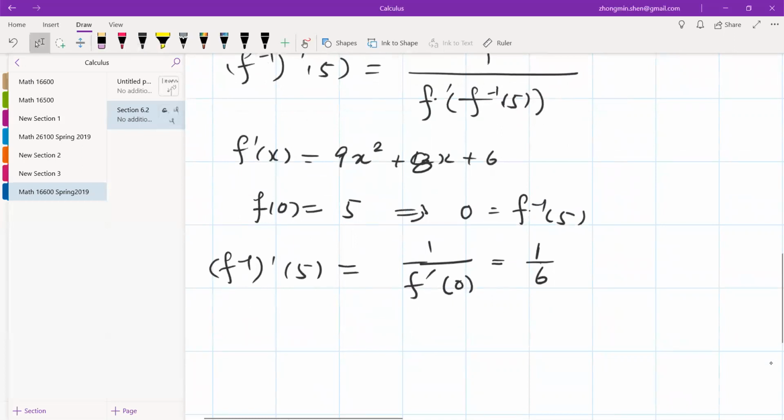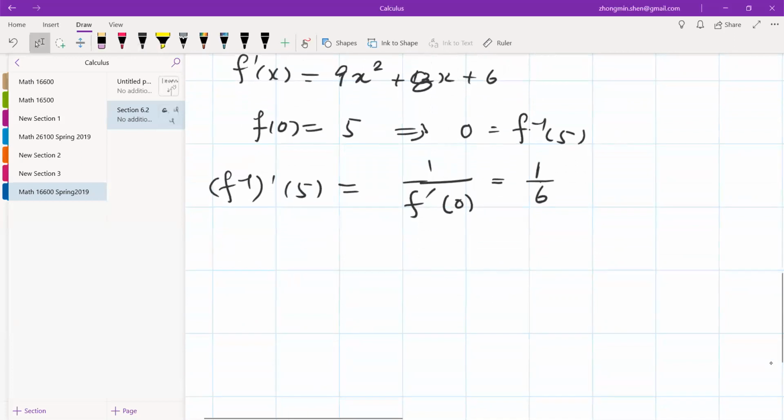Those are the two problems discussed here. Now the next section is about exponential functions. Maybe you learned exponential and logarithmic functions in high school, but we're going to have a quick review. Our focus is to find the derivative.